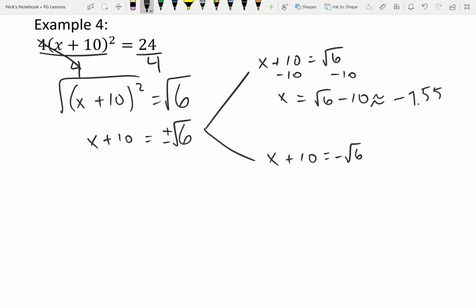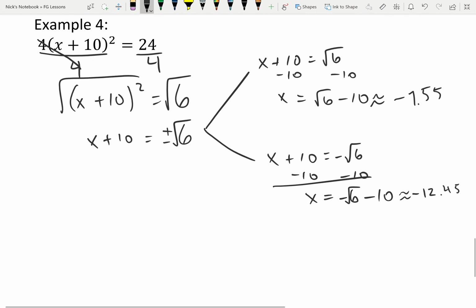We can do the same thing over here, and we get x equals negative square root of 6 minus 10. Again, that's our exact answer, but if we wanted an approximate answer where we have to round, we get negative 12.45.